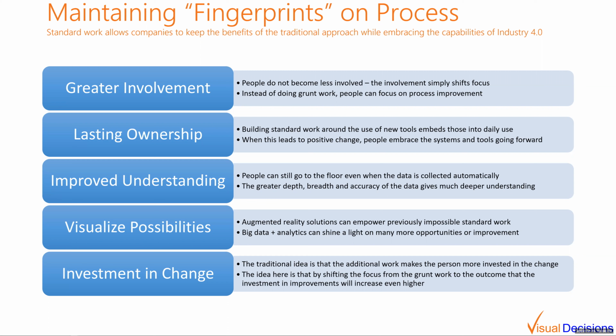So when you build that standard work around the use of the tools, you can build that ownership of that process as well. And if you can improve the understanding, the depth and breadth of people's knowledge about how everything works, you can actually create that better lasting ownership. Visualizing different possibilities is one big advantage of having the software in place as well.